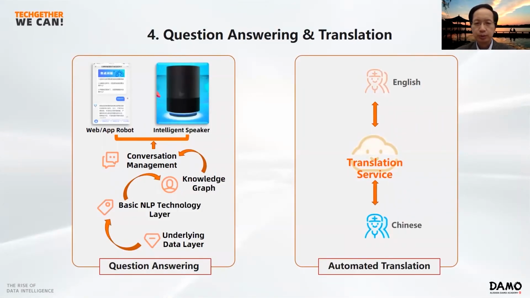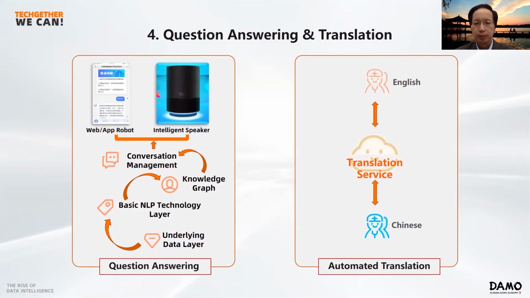The fourth example is about communication and knowledge sharing based on natural language processing technology. Here are two possible ways to use the technology. One is question answering. That means the general public can submit their questions to the robot using text or speech, which can be an app or an intelligent speaker.